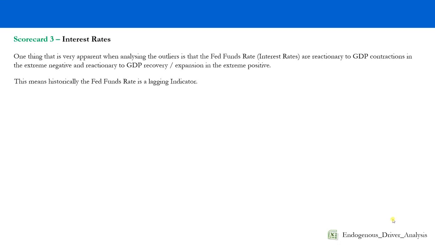So this obviously begs the question: if interest rates are a lagging indicator, how are they useful in our analysis in terms of scorecarding a currency? Obviously, we want to try and predict future situations.